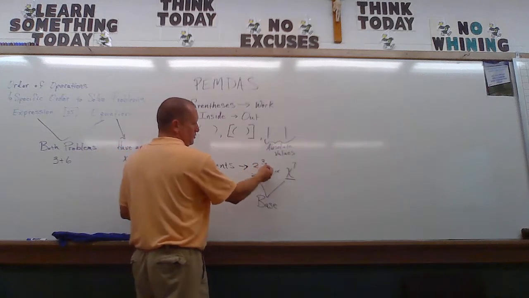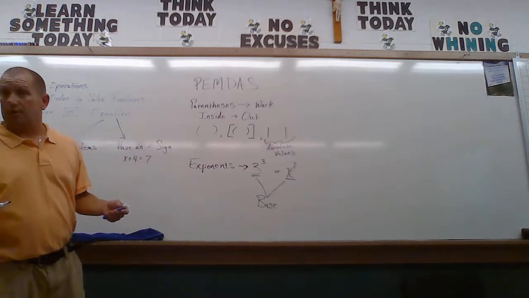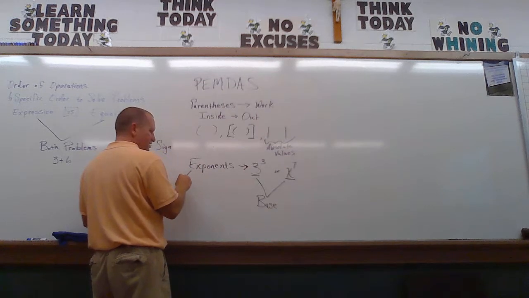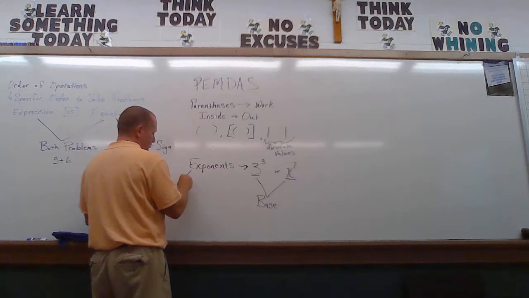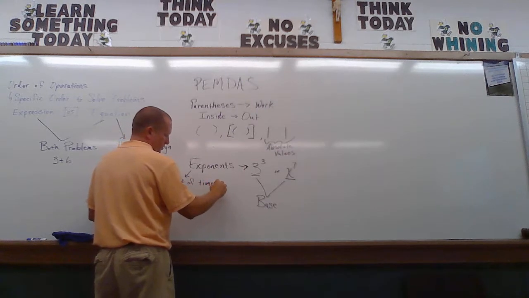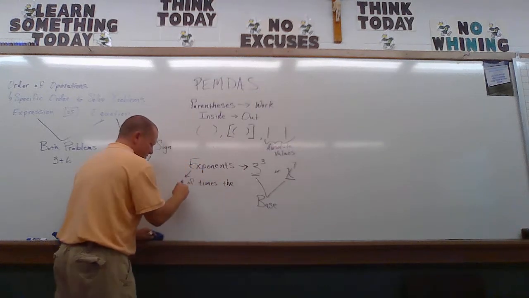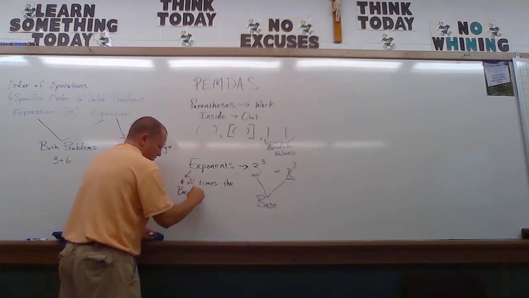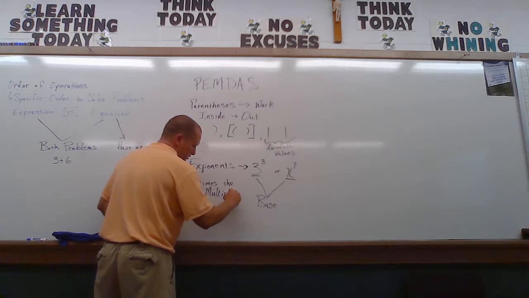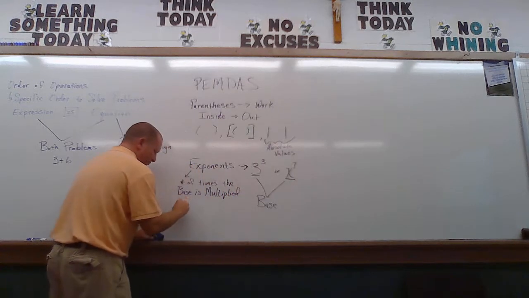And then this would be either my exponent or the power. Okay? So, as Alexander said, we're going to say this shows the number of times the base is multiplied to itself.